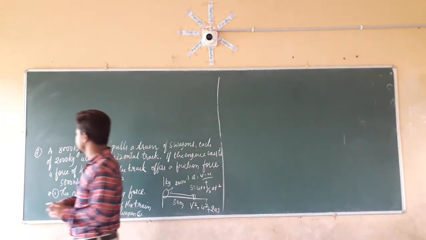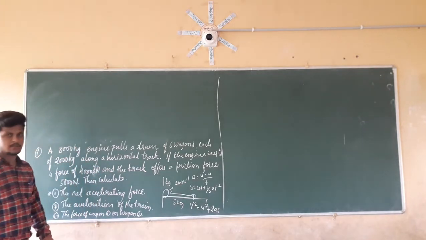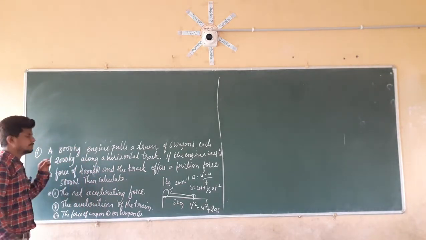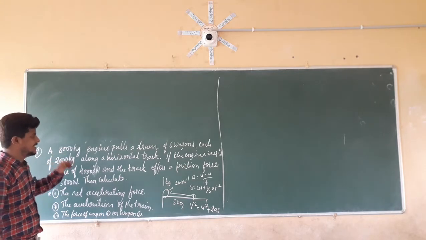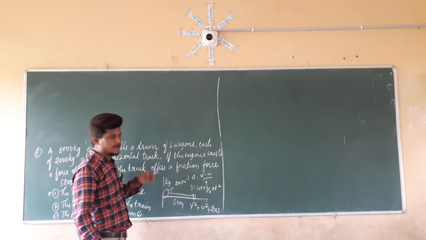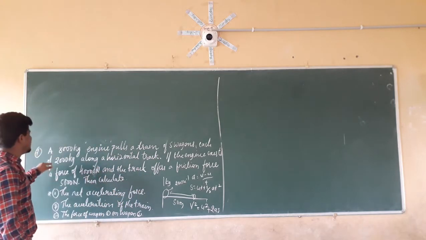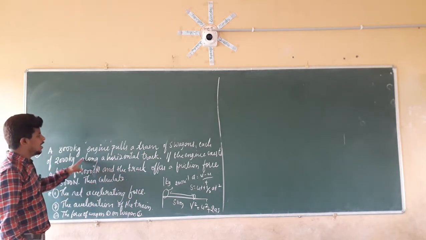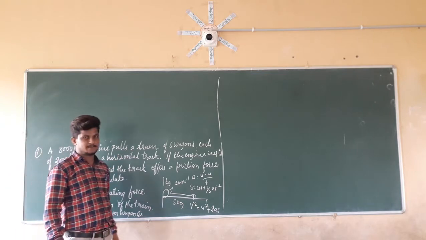Next question, number 7: an 8000 kg engine pulls a train of 5 wagons, each of 2000 kg, along a horizontal track.